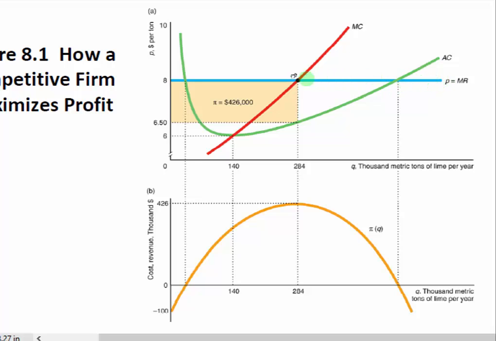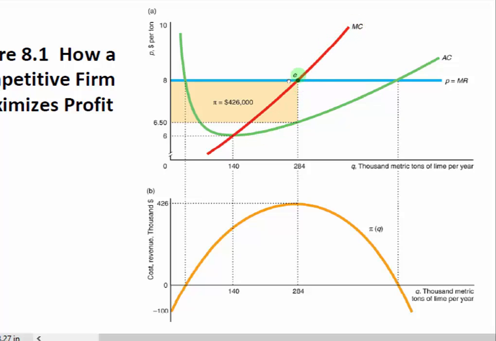For this price, it's each unit sold at this price. For the average cost curve, this is the average total cost. It is for every quantity. It shows us the per unit cost on average. For every quantity, there's a different average total cost.